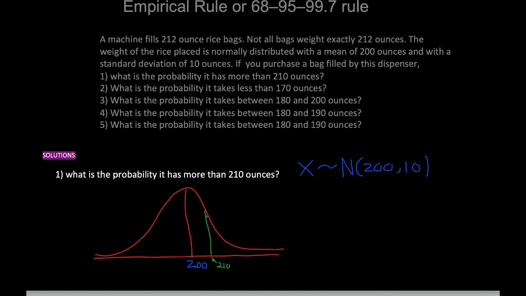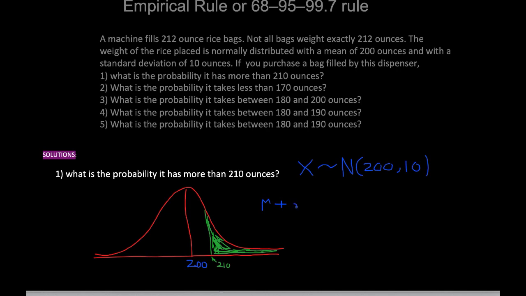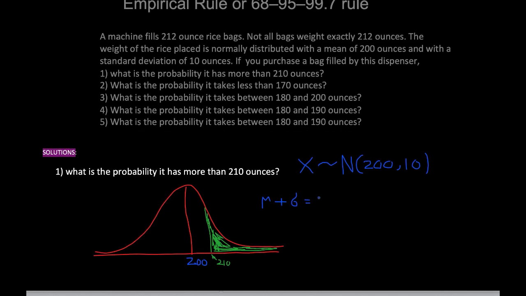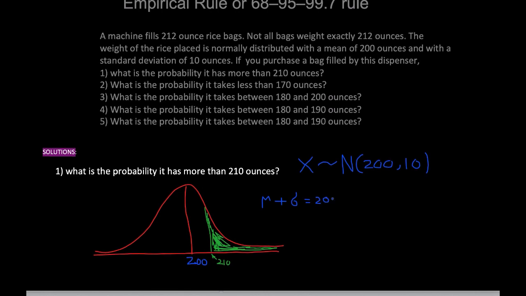Then probability more than 210 means the area under the curve greater than 210, which is the area in green color. How do we use the empirical rule to find this green area? Okay, first I will check mu plus sigma, which is one standard deviation. So mu equals 200 and sigma equals 10.